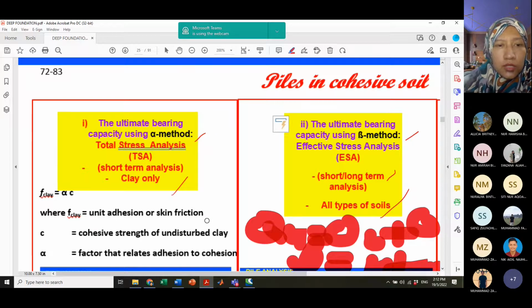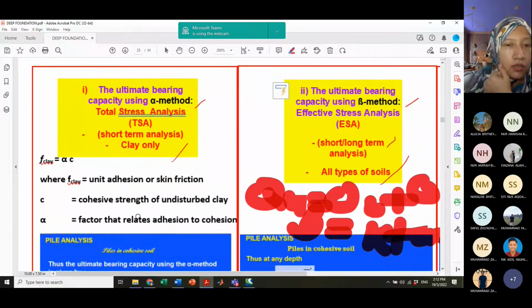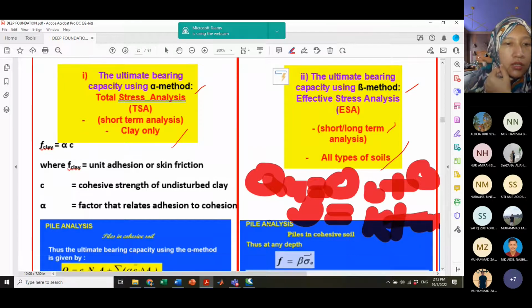For example, the alpha method is more applicable in the total stress analysis for short-term stability. It is only for clay, where the adhesion factor unit f is equal to alpha times C. The C is the cohesive strength of undisturbed clay.